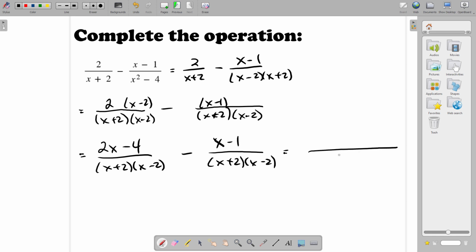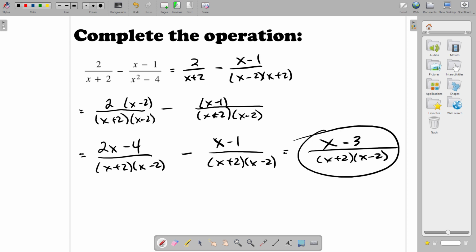Now I can write this as one fraction. Two x minus x is an x. Negative 4 plus 1 is a negative 3. Can't reduce that, so that ends up being our fraction.